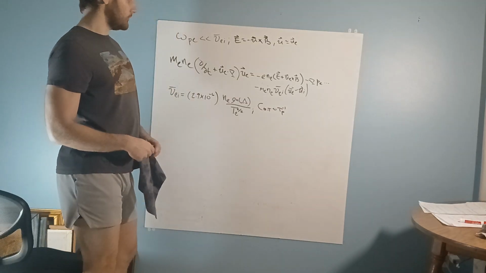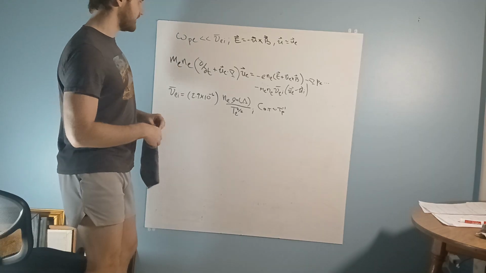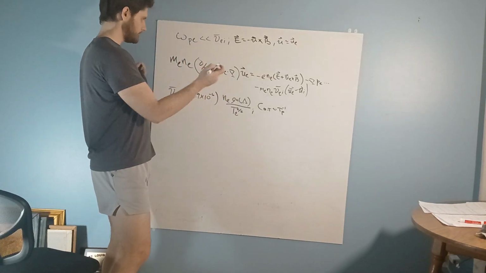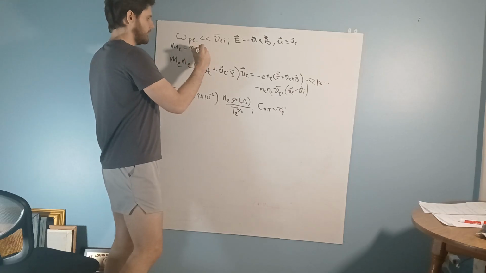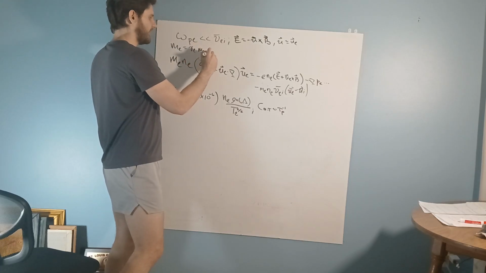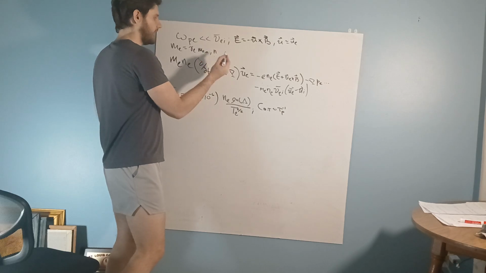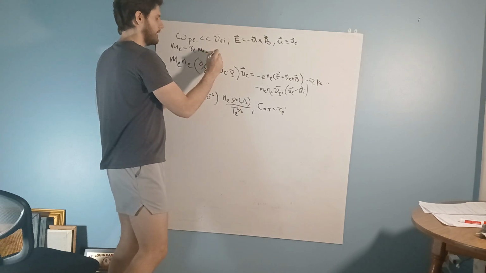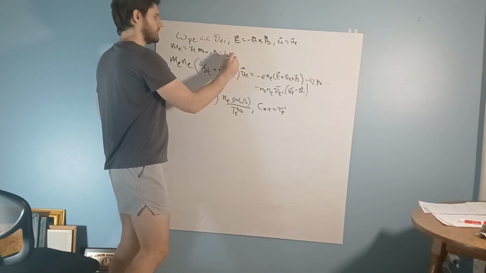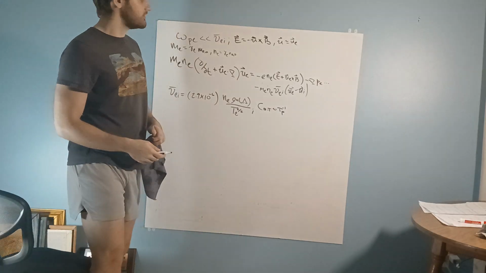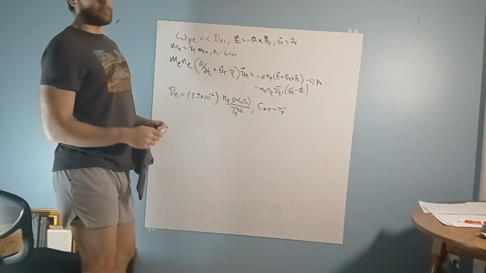Instead, what we're going to do is, first of all, we're going to substitute in everywhere we see ME, it's going to become the rest mass of the electron times its relativistic gamma. And every time we see the density, similarly, it becomes the relativistic gamma times the proper density.